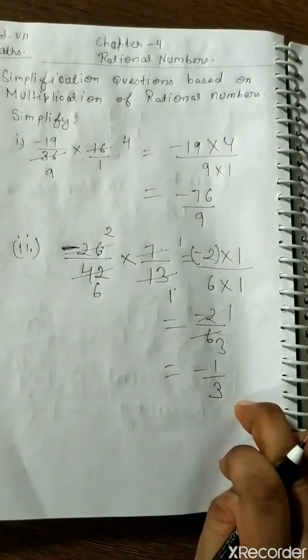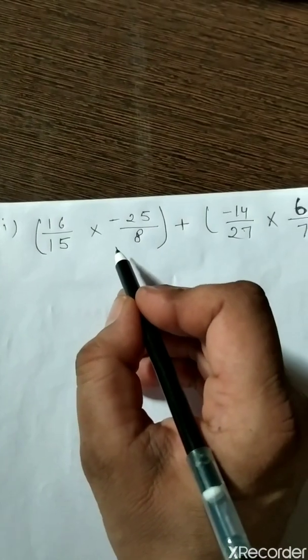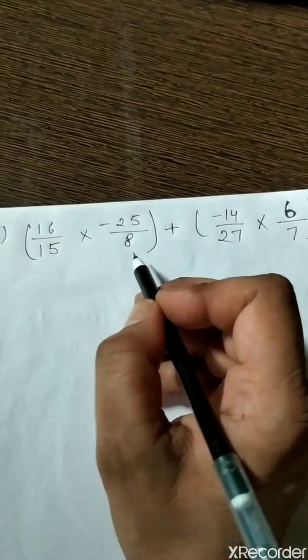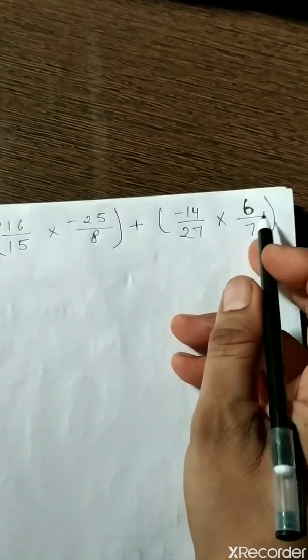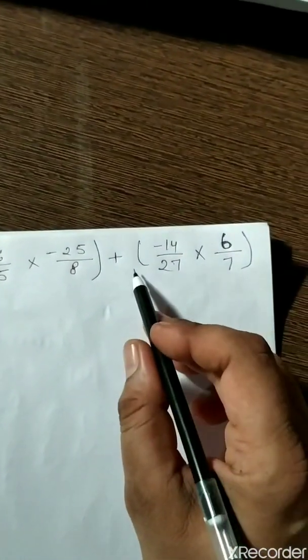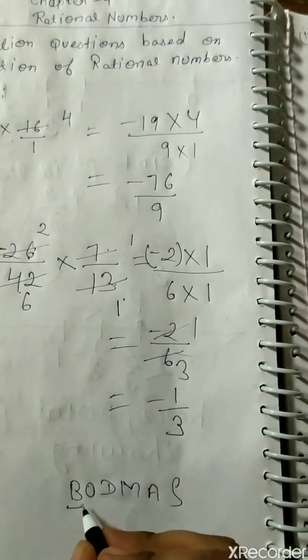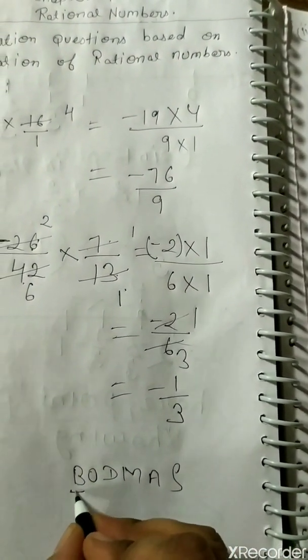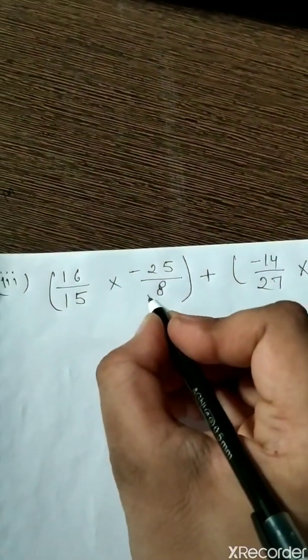Now the next question is this: 16 by 15 into minus 25 by 8 plus minus 14 by 27 into 6 by 7, where the first two numbers are in one bracket, and after the plus the other two numbers are in one bracket. According to the BODMAS rule, first you will do the bracket work, then you will multiply.